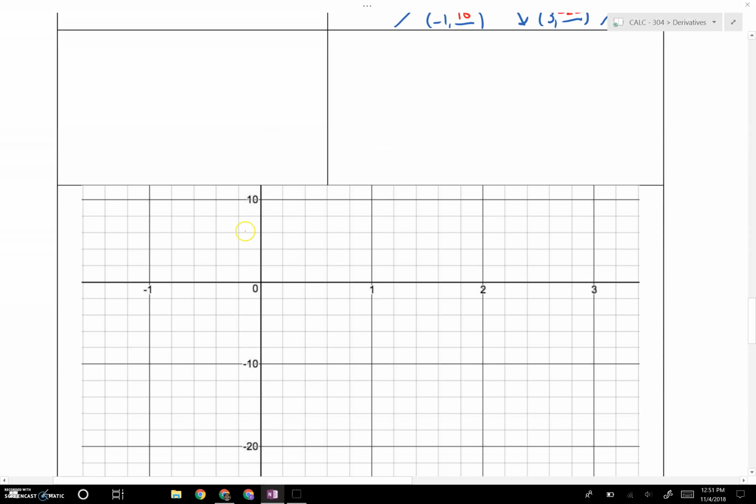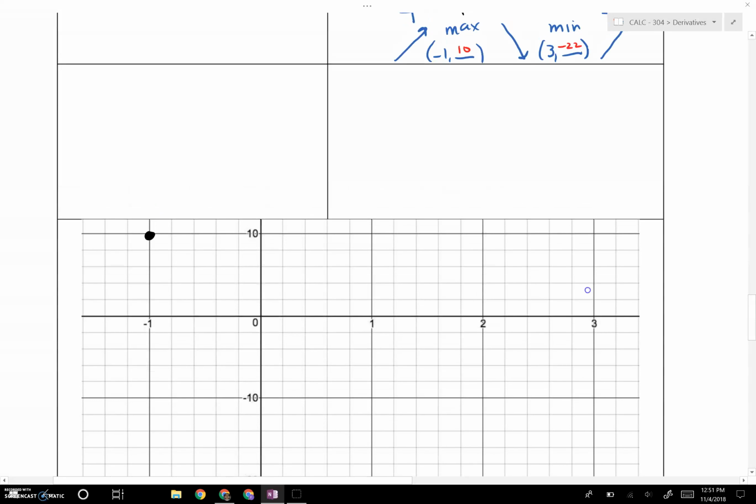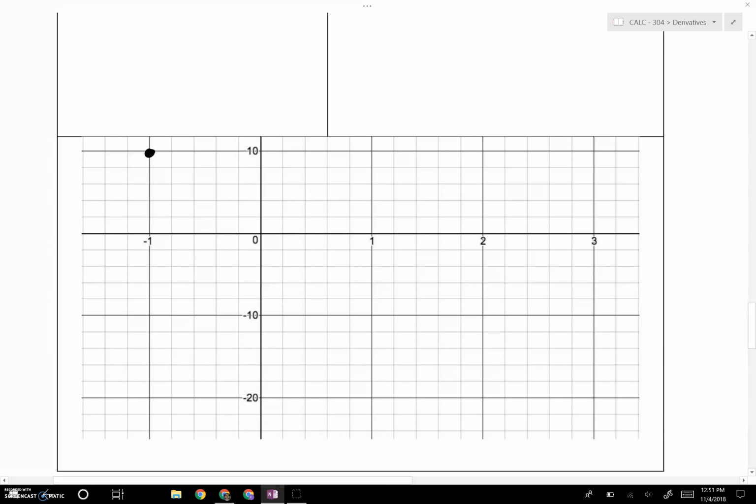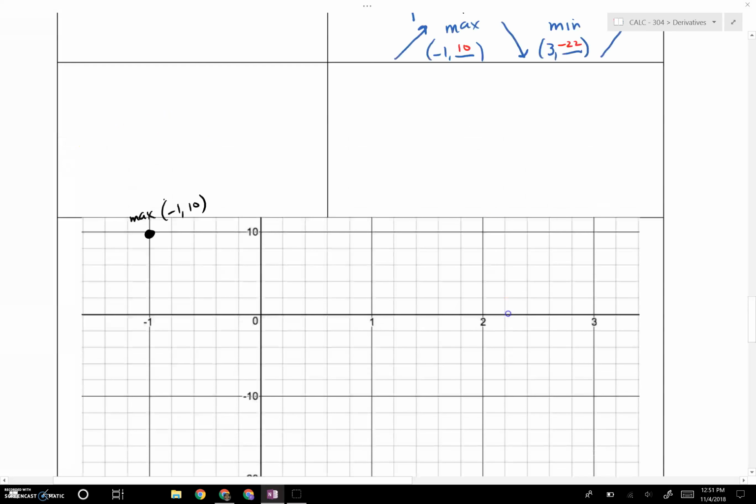So (negative 1, 10) is here, and (3, negative 22) is here. So this is my minimum at (3, negative 22), and my maximum is at (negative 1, 10).